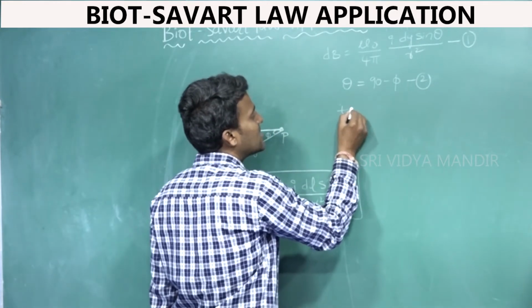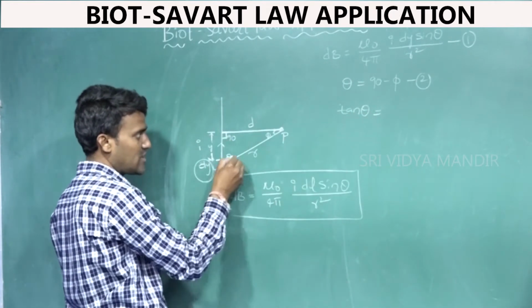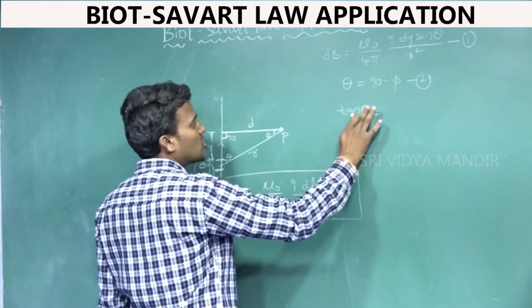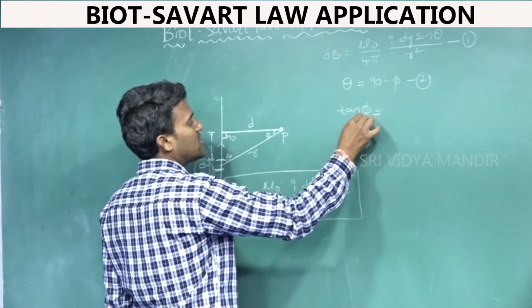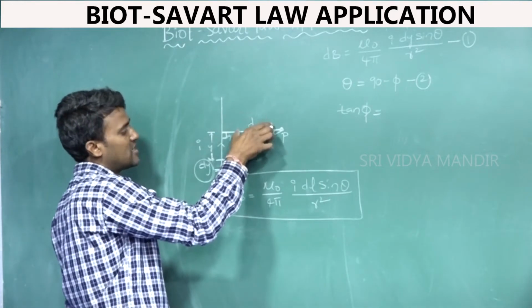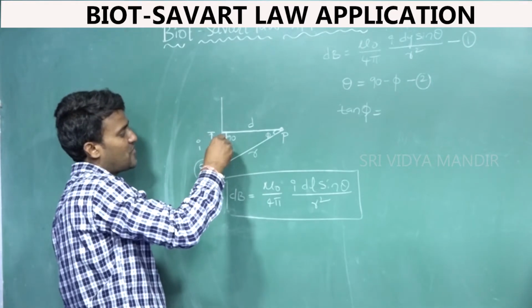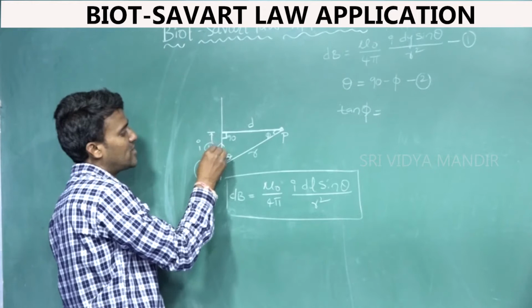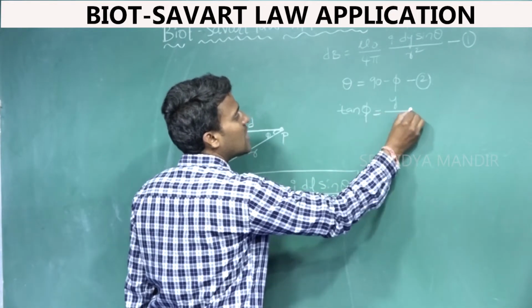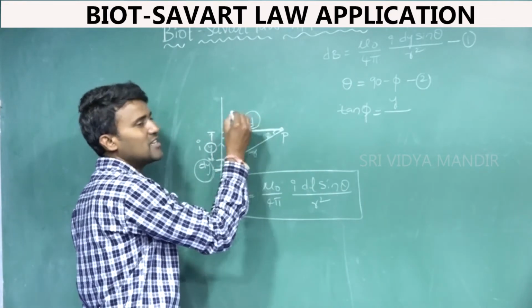Now I am writing tan phi. This is a right angle triangle, so tan phi is equal to opposite side by adjacent side. Here the opposite side is the length from here, that is y.